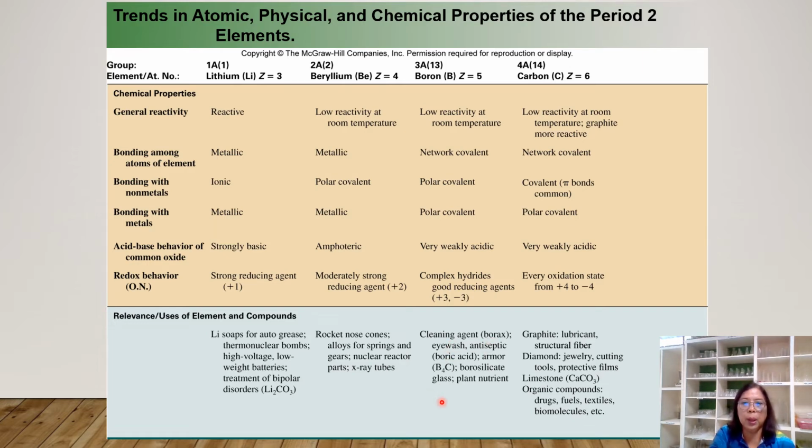If you have heard of boric acid, the boric there is derived from the element boron, or it implies the presence of boron. And then the glass that is not sensitive to heat, the borosilicate glass, is also made up of boron. The Pyrex glass, or those things that we use in baking, we use in cooking, or those glasses that do not break at high temperature are usually made up of borosilicate.